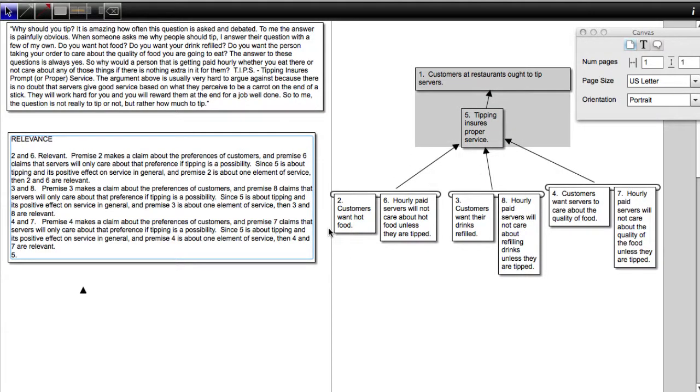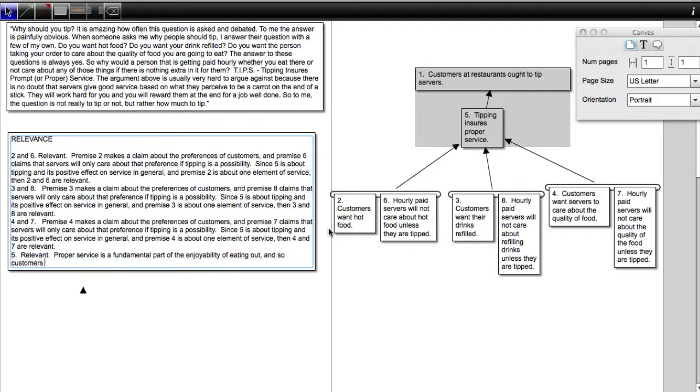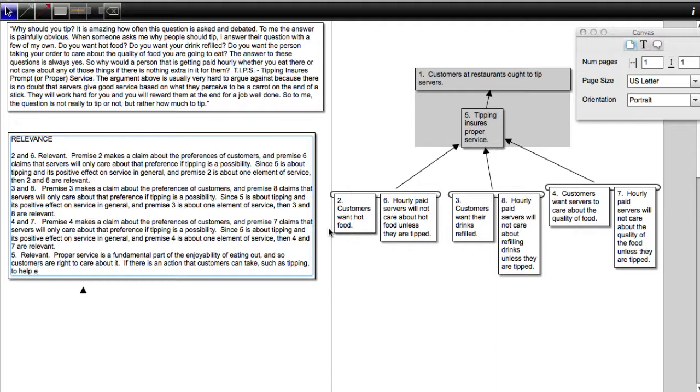Tipping ensures proper service. Assume that's true. Does that mean that customers at restaurants ought to tip servers? I'd say yes, that is relevant. Proper service is a fundamental part of the enjoyability of eating out. And so customers are right to care about it. If there is an action that customers can take, such as tipping, to help ensure proper service, then they ought to do so.